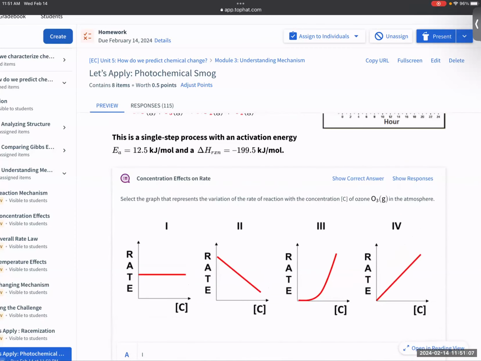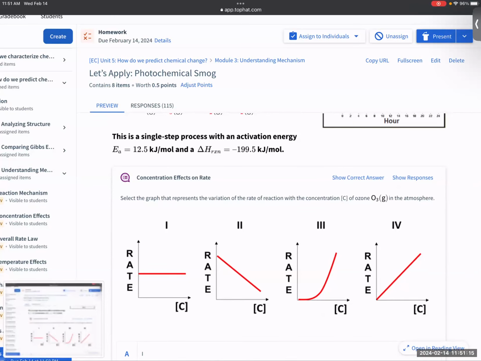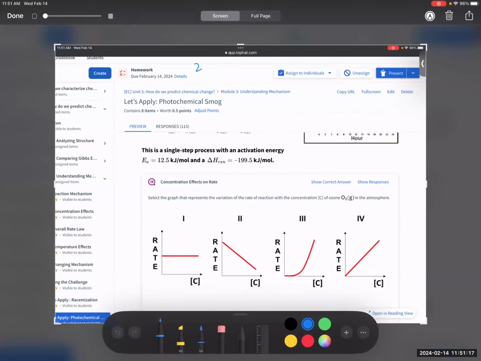Don't forget those numbers. Once again, it's about using the Arrhenius equation and deriving the relationship between the rates at two different temperatures, which we already did.